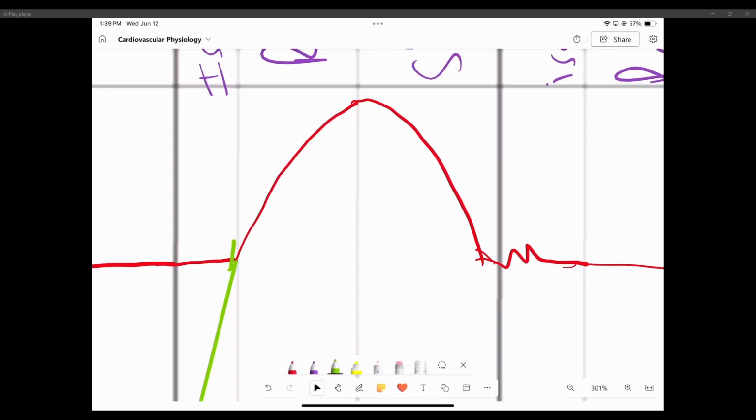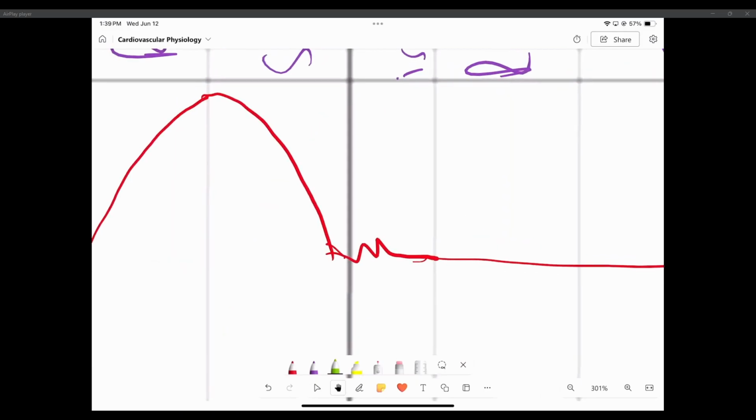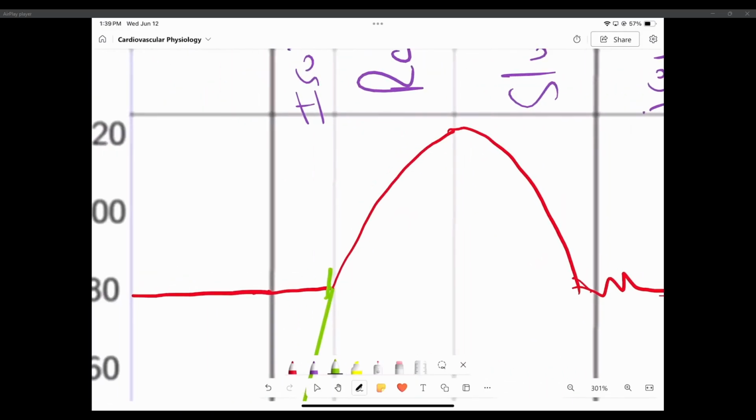So once we're above it, we're going to stay higher, just above that red line. Okay. We're going to stay right on this line. We're still ejecting blood, so the aortic valve is still open.